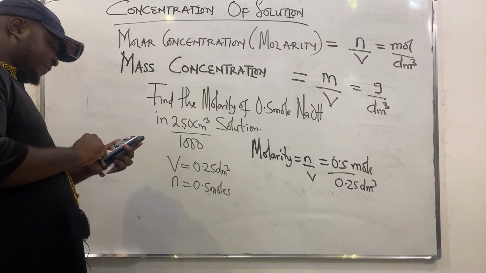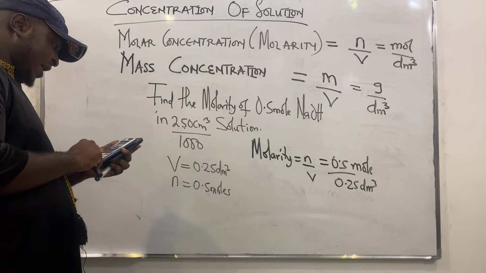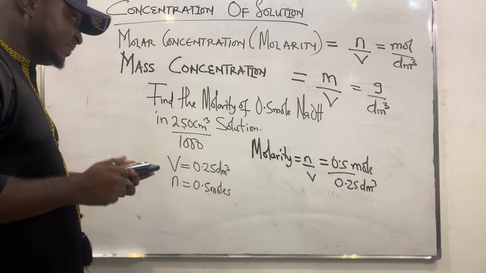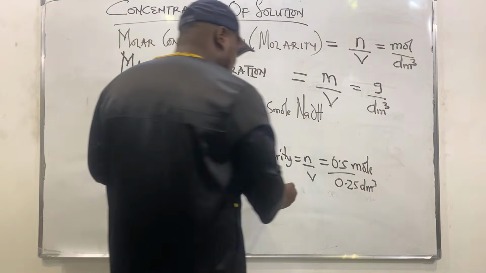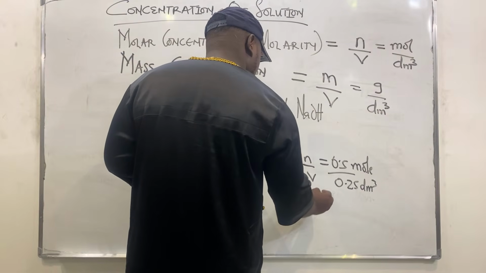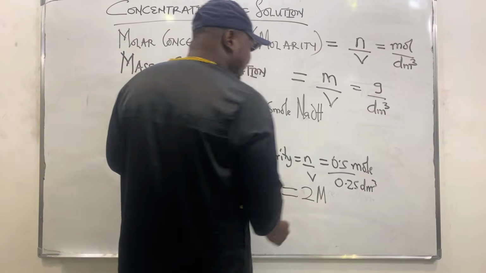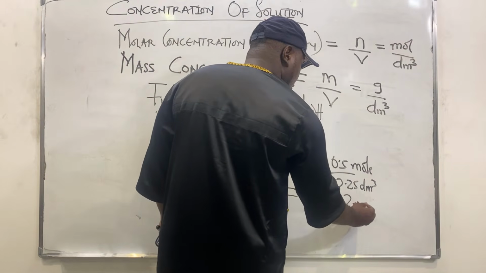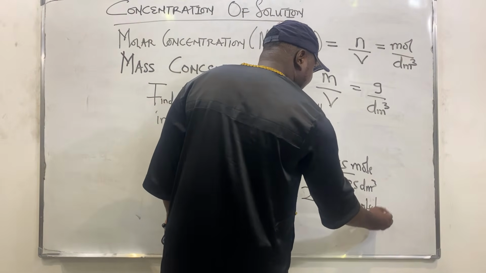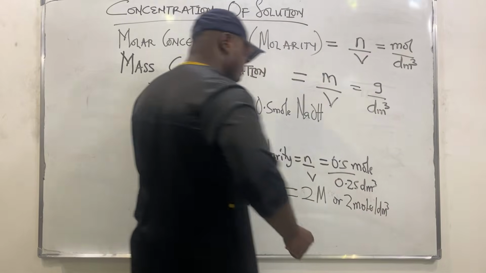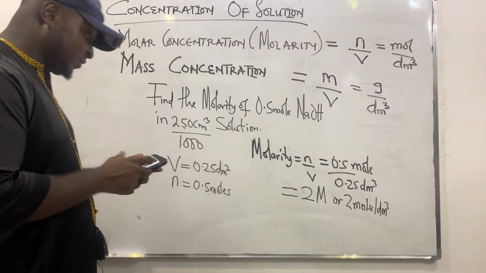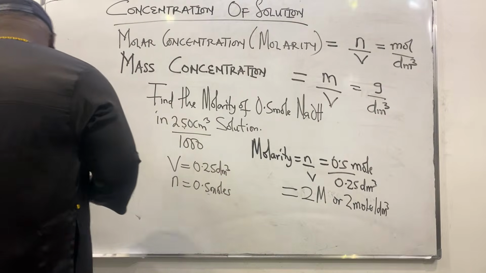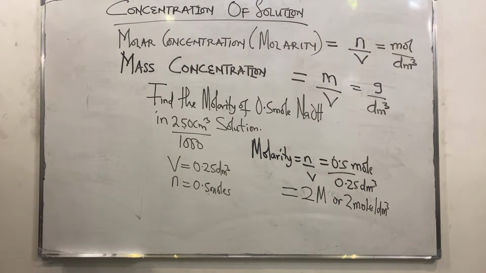So you're going to say 0.5 divided by 0.25, and the molarity is 2 M. The symbol for molarity is capital letter M, or you say 2 mole per dm cube. Those are the two symbols for molarity.